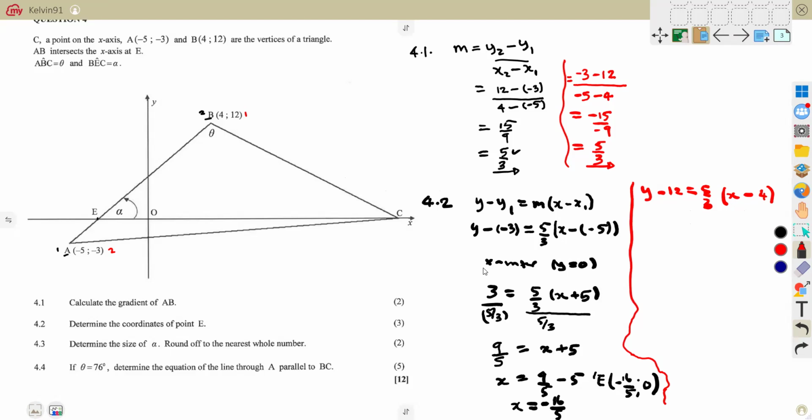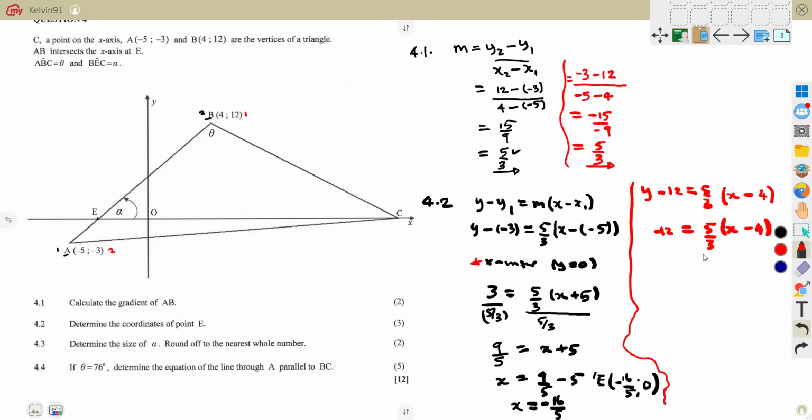Then because we want the x-intercept, we are going to substitute y equal to 0 here. So we're going to be left with minus 12 being equal to 5 over 3 x minus 4.